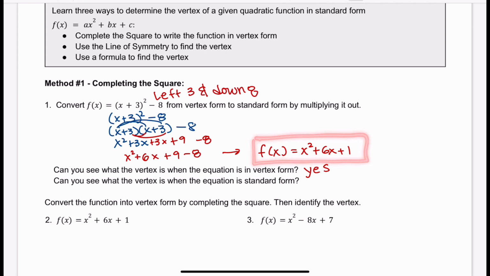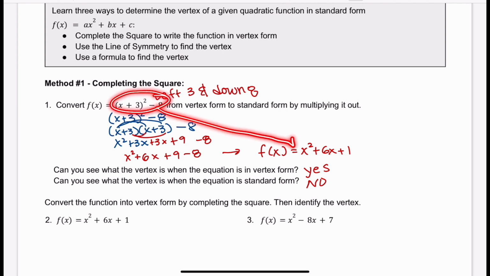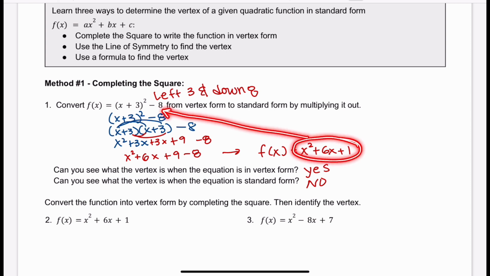We can't see what that vertex is. So everything in math has its opposites, and we have to be able to get back to what we started with. So first we learned to add, then we learned to subtract. Those undo each other. Squares and square roots undo each other. Times and divide undo each other. We took this and multiplied it out to get here. We have to be able to take this and go backwards.